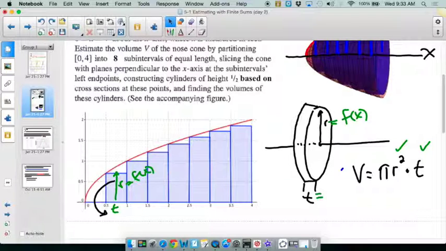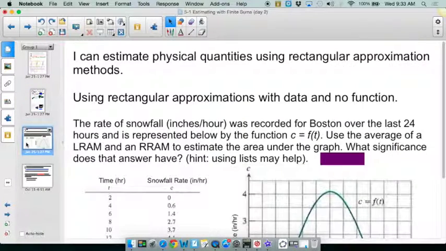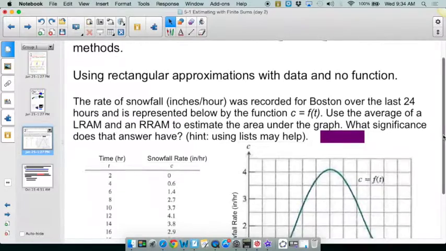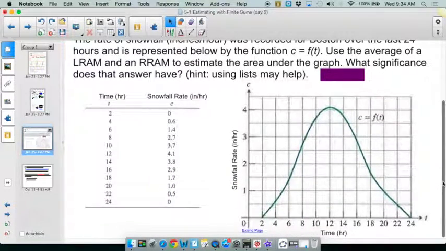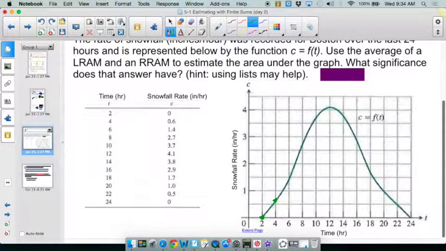The next practical application that we see a lot of in free response questions is taking a table of data. Instead of having a function, we now have a table of data. So we have 6 comma 1.4, 8 comma 2.7, 10 comma 3.7, 12 4.1.